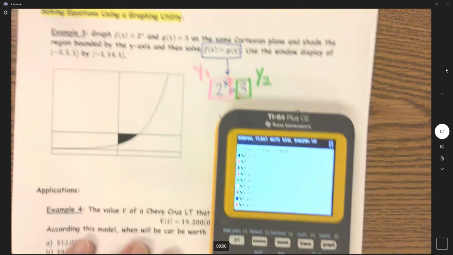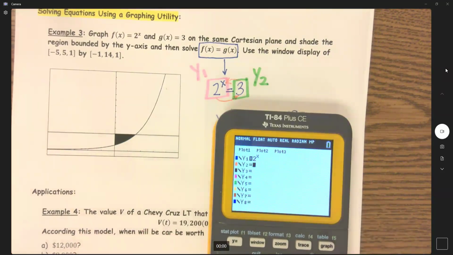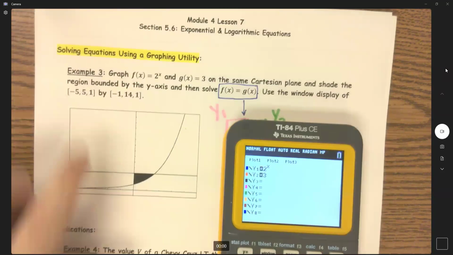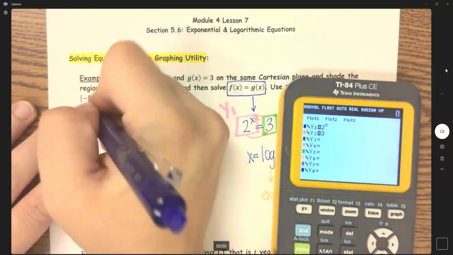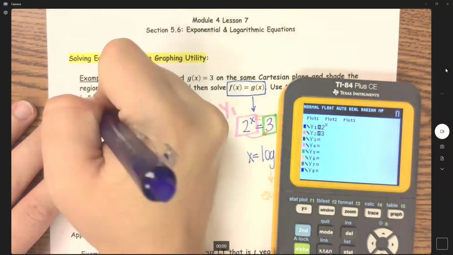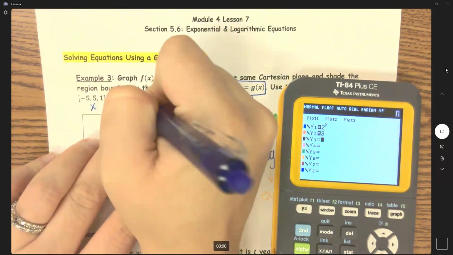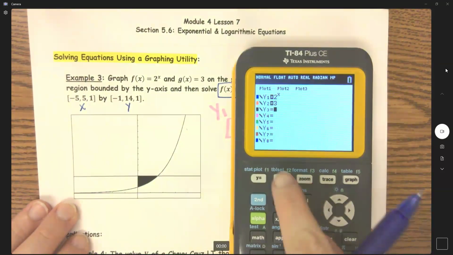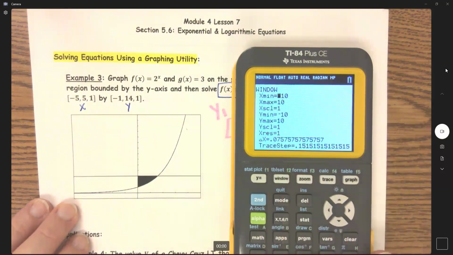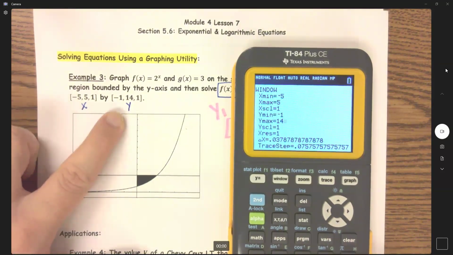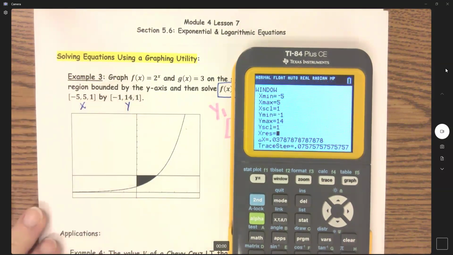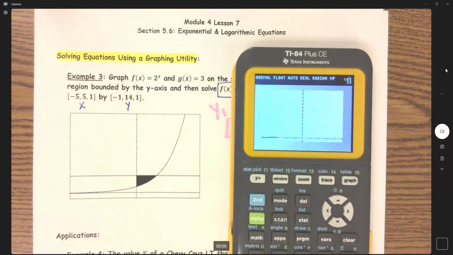So we have 2 to the x into y1, and then y2 is 3. I'm going to graph it on here so it matches this. And this is for my x, and this is information for my y. So I'm going to go to window. This needs to be -5 to 5 with a scale of 1, and then -1 to 14 with a scale of 1. So now I'm going to hit graph.